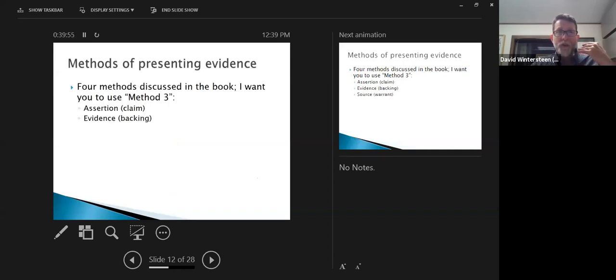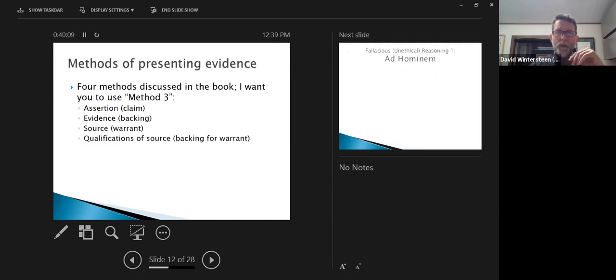The next thing you're going to talk about is your backing, why you believe that, what is the evidence that's there for that, and the source, which is generally your warrant, where you got it from, and then qualifications of that source. Okay, assertion, evidence, your source, and the qualifications of that source.